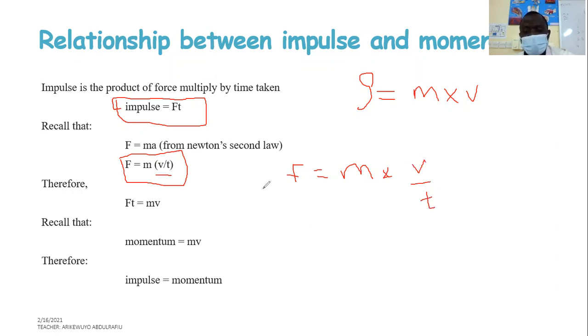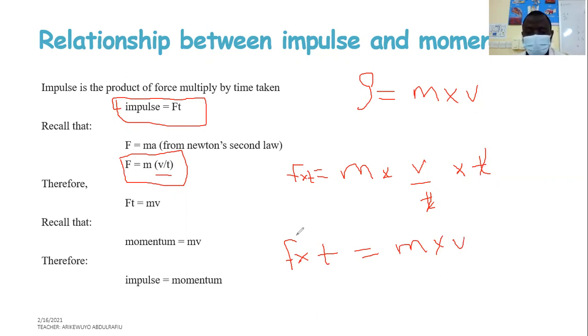I can multiply the two sides by T, this by T times T, and I can multiply this also by time T. Are you following? In this one, T and T will cancel. It means that my force multiplied by time will be equal to mass multiplied by velocity. What do you observe here?